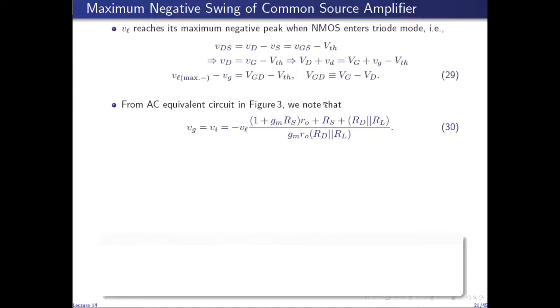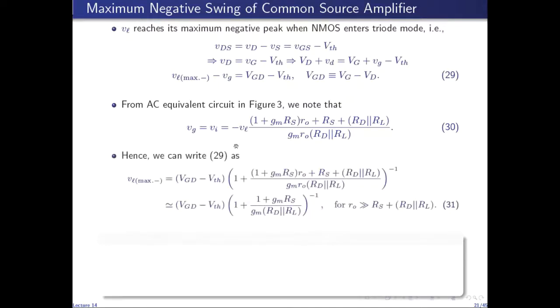So when I put this term with VL maximum negative into this equation and take VL maximum negative out common, this negative sign will make a positive sign, and I'll be left with the factor of 1 plus this expression, which when taken to the other side will be inverted. So this is the expression for the maximum negative swing of common source amplifier, which can be approximated under this condition by this expression.